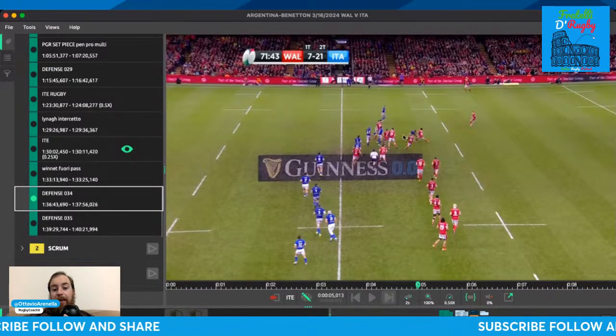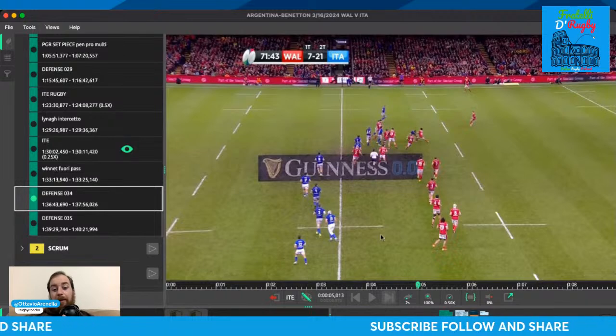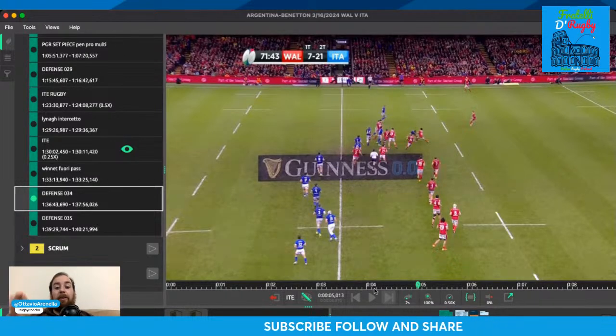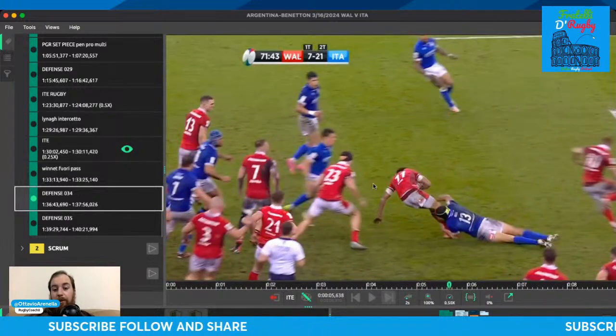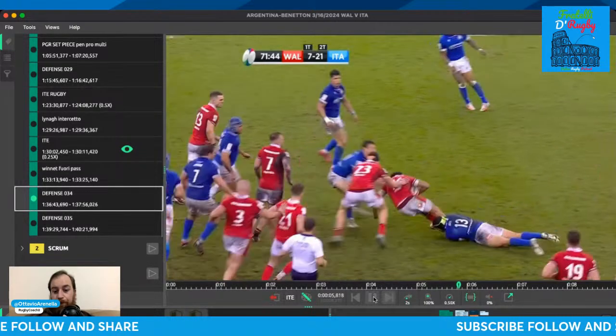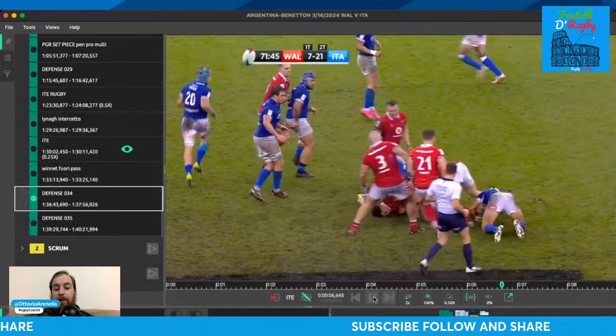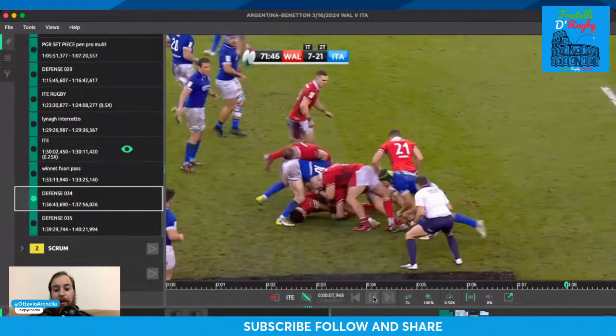But the inside in this moment is Garbisi, so Garbisi can attack that tackle, because look where it is happening. Tackle down, perfect, rush, hands on the ball, penalty Italy.